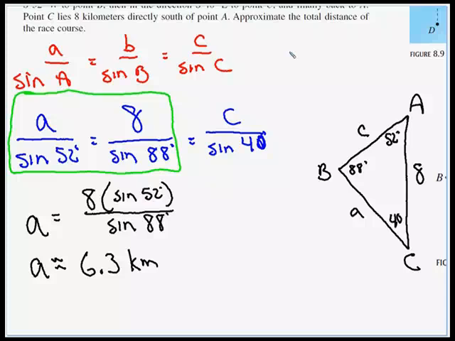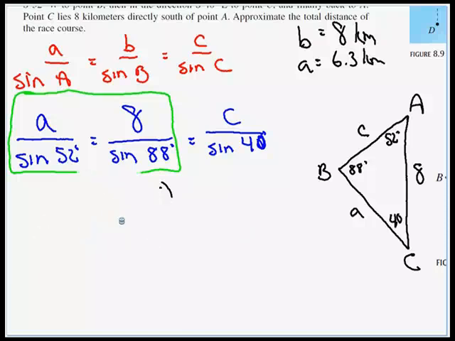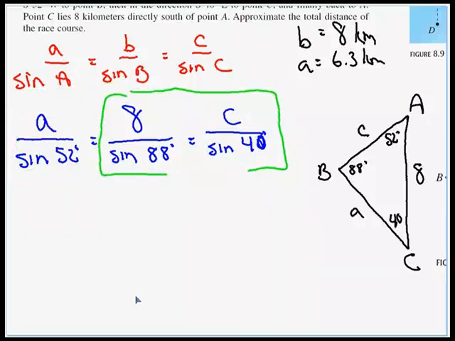So now we have to find, well, I'm going to come up here. I know that B is equal to 8. They gave us that. We just found A is equal to about 6.3. And these are clicks, kilometers. Now we're going to find the last side C. So we're going to concentrate on this part of the proportion right here.